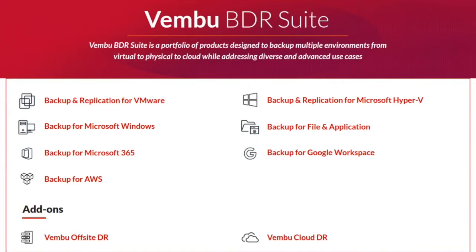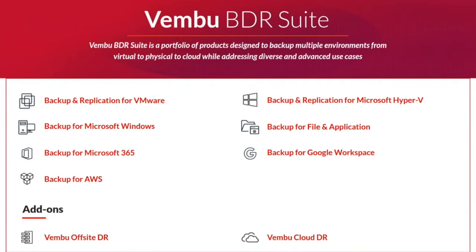And then the granular level of backup, that is backup of your files and applications, where you can back up your files and folders that reside in your Windows, Linux or Mac operating systems. There are around 6 applications, of which 5 are Microsoft applications, and the 6th one is MySQL, that we support.